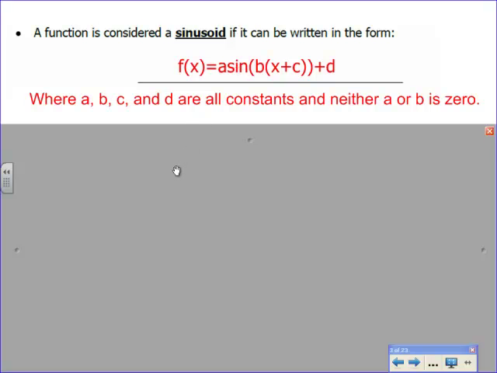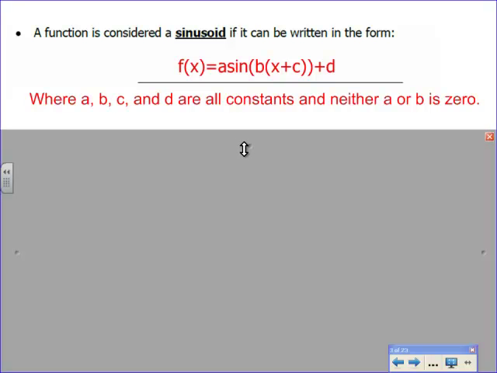So we think about our function as a multiplier, a times the sine of b times the quantity x plus c, and quantity plus d. A, B, C, and D are all constants, and neither A nor B can be 0, because if you multiply anything by 0, you get 0, which would make our function essentially non-existent.